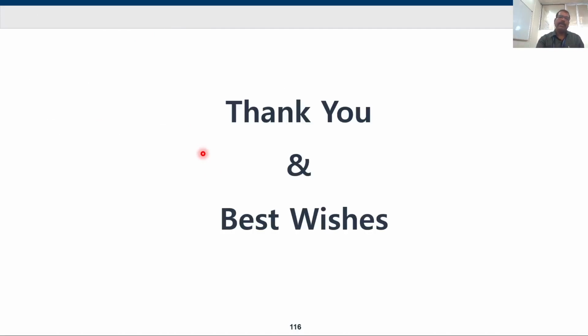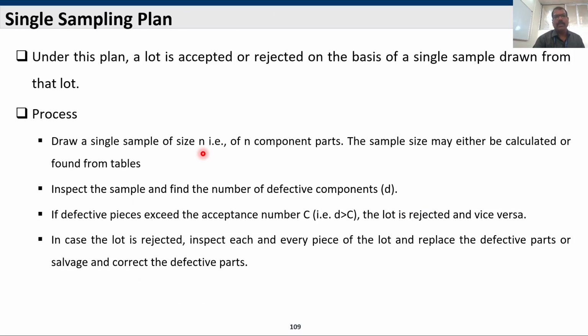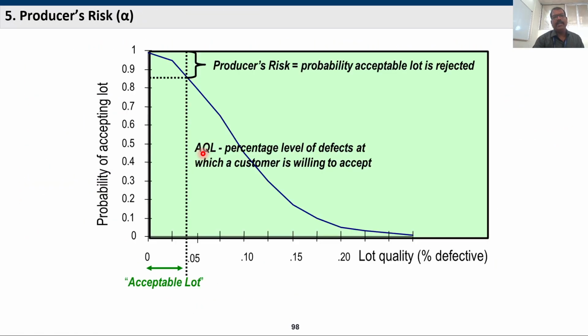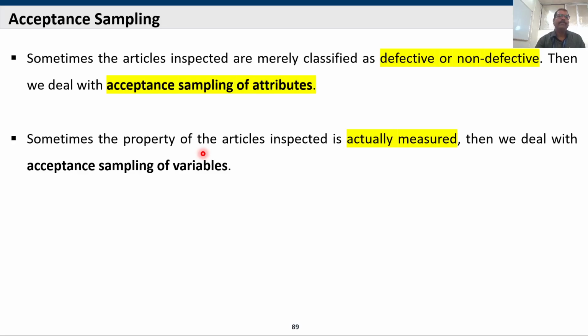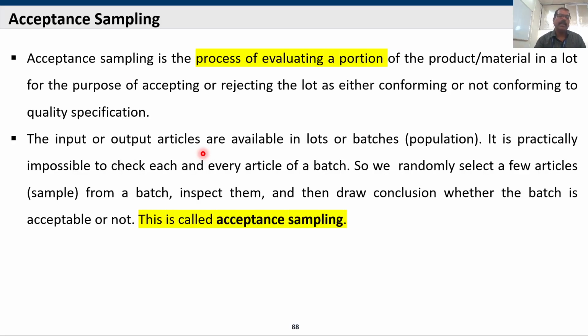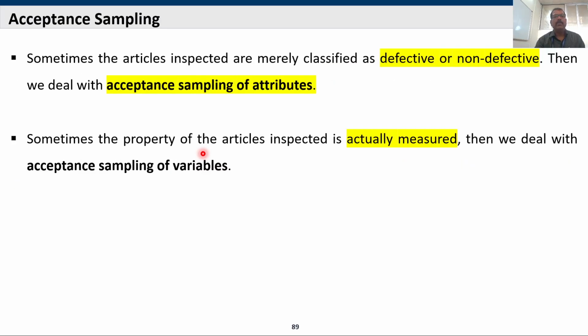So I'll be winding up this video with this. In this particular video, overall we discussed acceptance sampling. What is meant by acceptance sampling? Under acceptance sampling, you will be having acceptance sampling of attributes or acceptance sampling of variables.